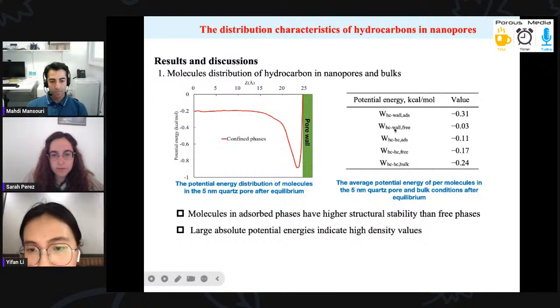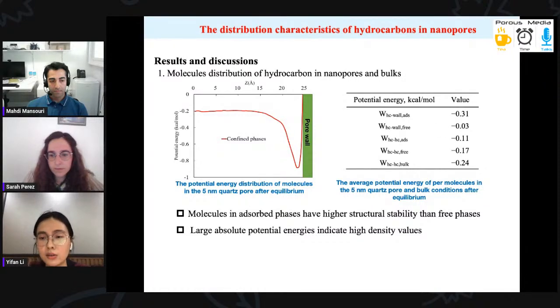For the free phase, as we can see, the pore wall does not have much effect, and most of the potential energy is contributed by the hydrocarbon itself. However, the bulk fluid has a greater absolute potential energy than the free phase. So that means the density of the free phase is lower than the bulk.